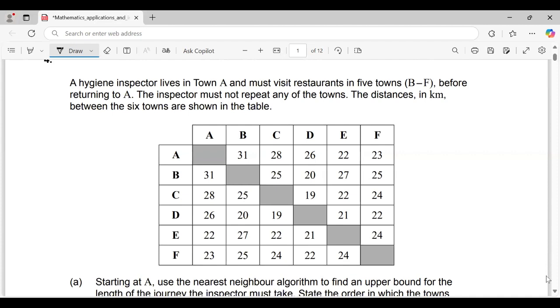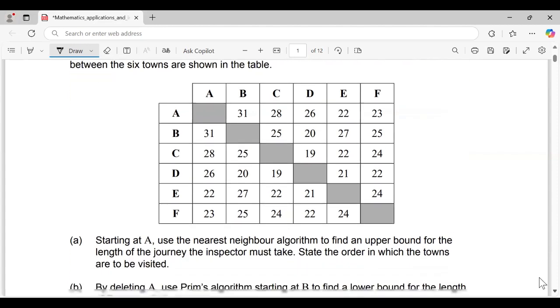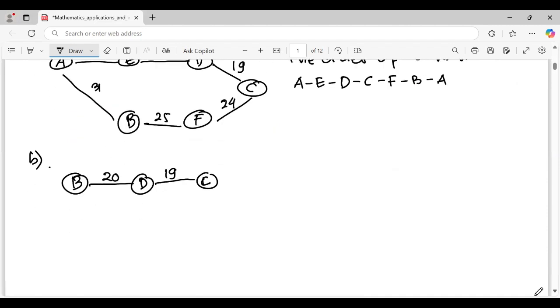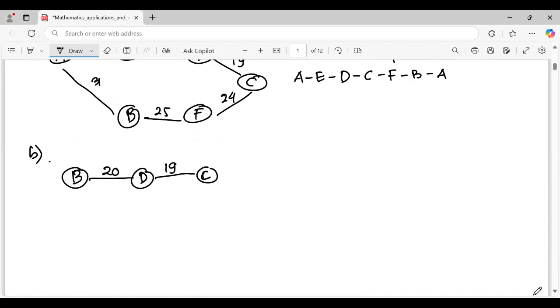But we are going to find this one. E is 21 and then 22. Yeah. So this one, if we can, we can set like this.